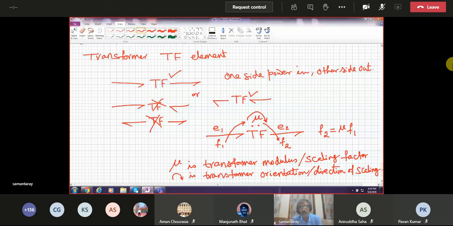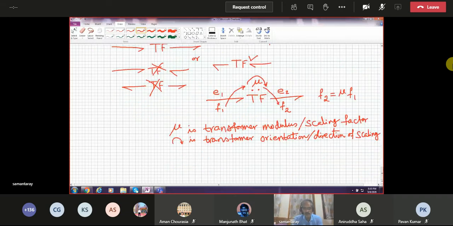I will redo it. For example, if I have this arrangement with mu like this, then I will write F1 is equal to mu times F2.